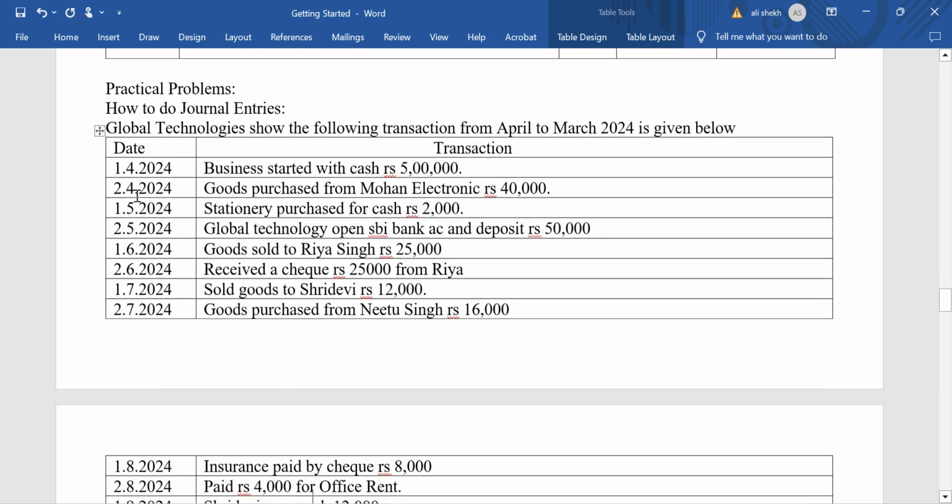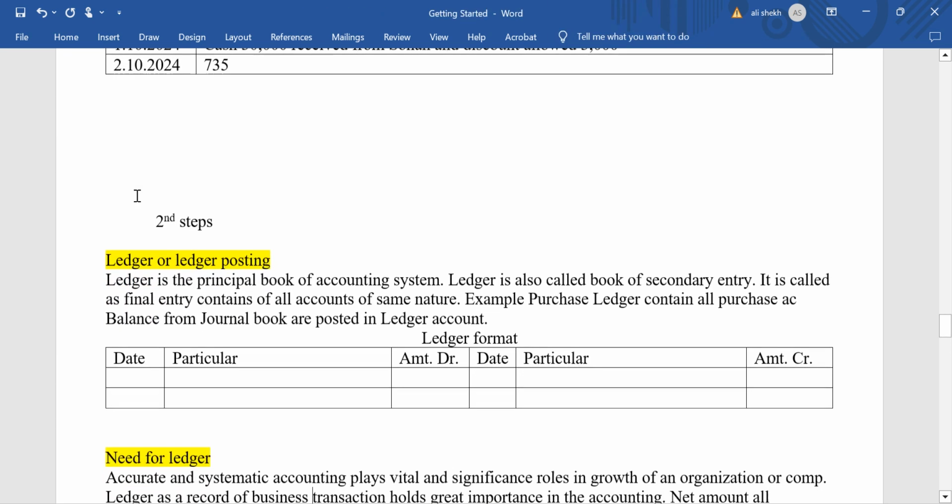First step in accounting is journal entry. Second step is ledger posting.